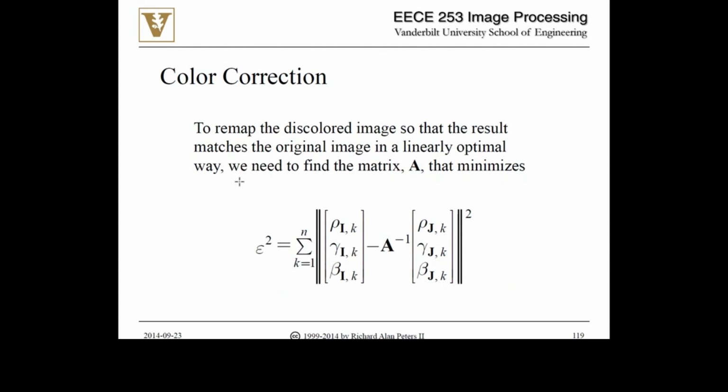So I would like to find the matrix A such that when I multiply the old colors by that matrix, I recover the new colors. That is what I want to find. But probably, if I have many pairings, these cannot be solved exactly. If I have just 3 pairings, how many unknowns?